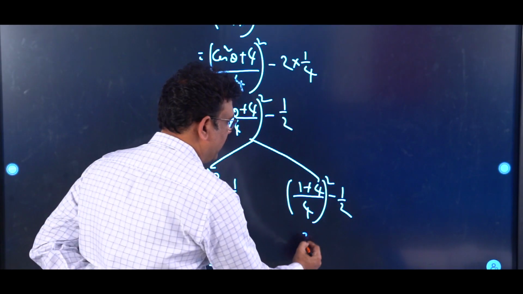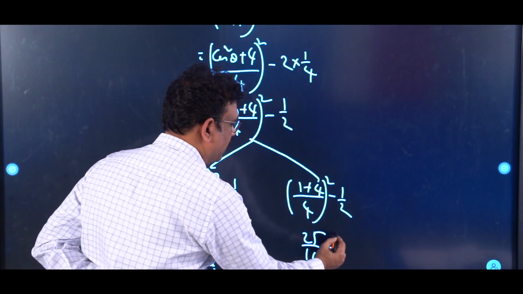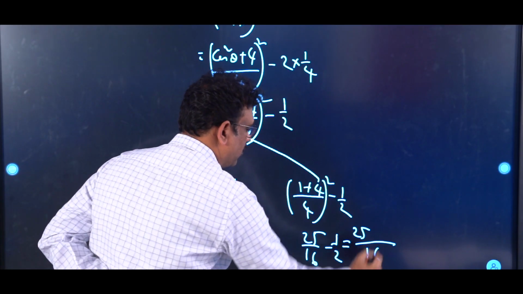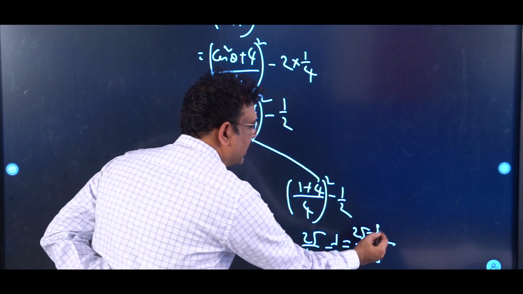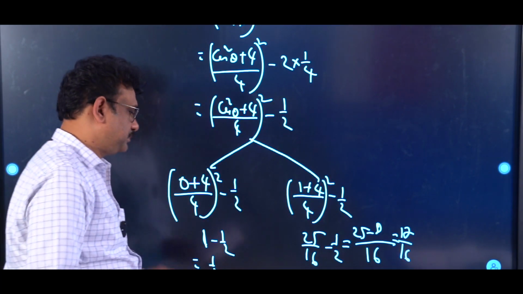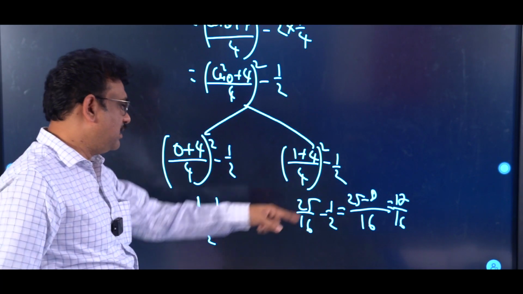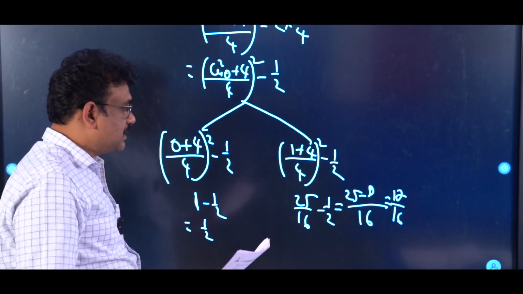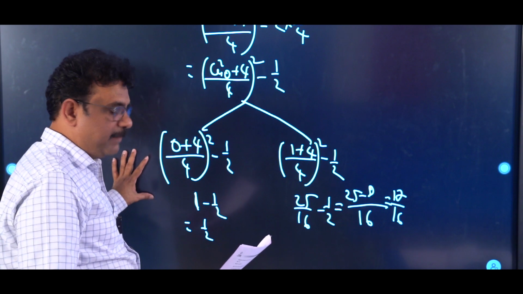Here 25 by 16 minus 1 by 2, that is equal to 25 minus 8 by 16, that is equal to 17 by 16. So that is the maximum value, this is the minimum value. So we have to find the sum of maximum and minimum.